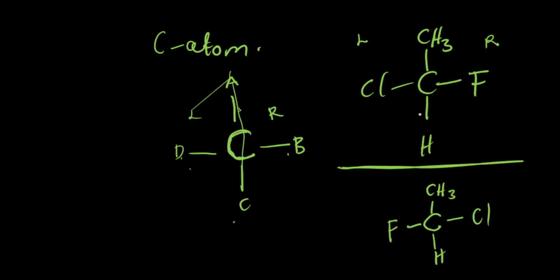Now notice that we can't superimpose these two images. So an asymmetric center causes chirality in a molecule. Now, what exactly is the difference between an asymmetric center and a stereocenter?